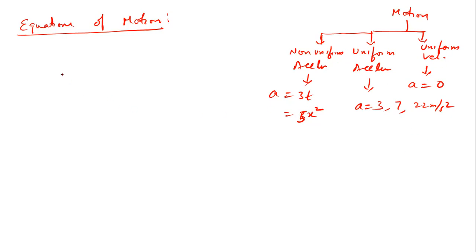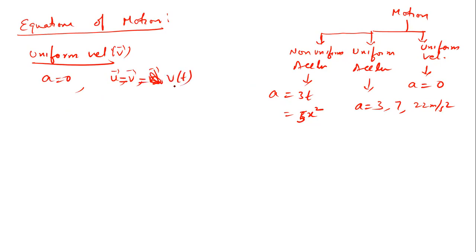Whenever you have a uniform velocity, let us look at it first. Uniform velocity, a is equal to 0. The only parameter is that it's moving with the same speed. So the initial velocity will be equal to the average velocity, which will be equal to the instantaneous velocity.